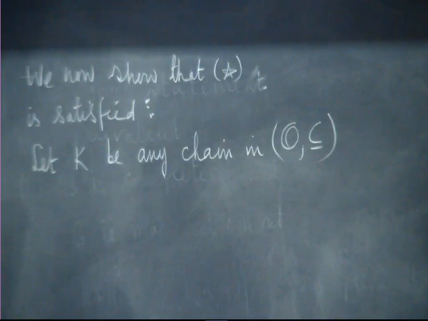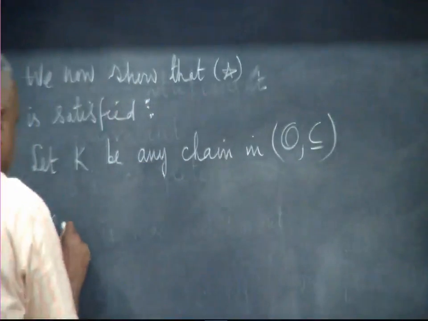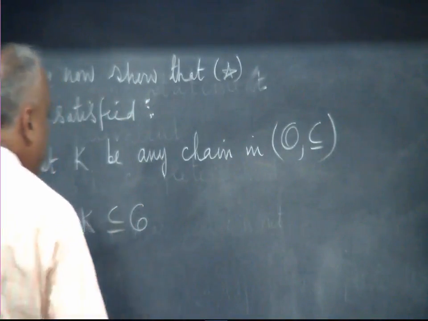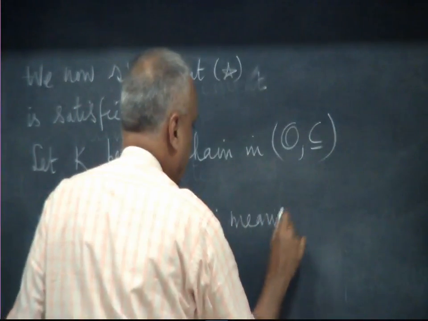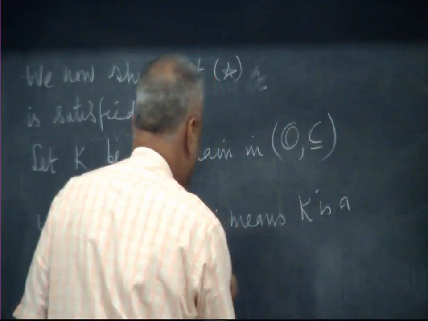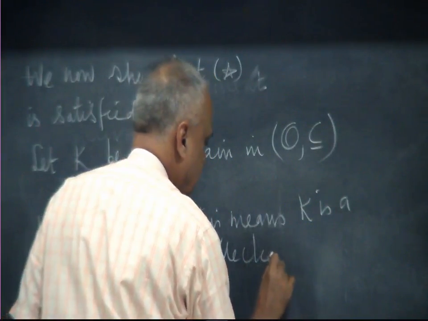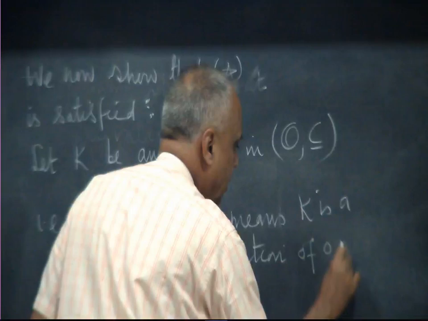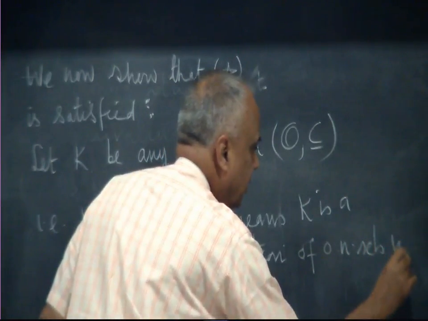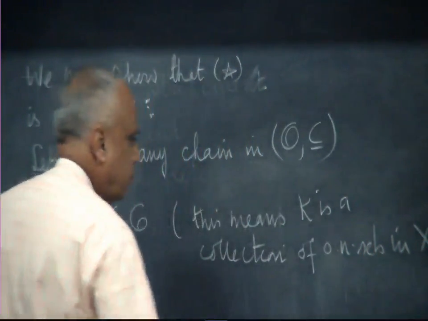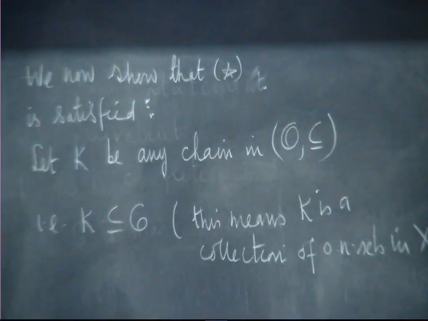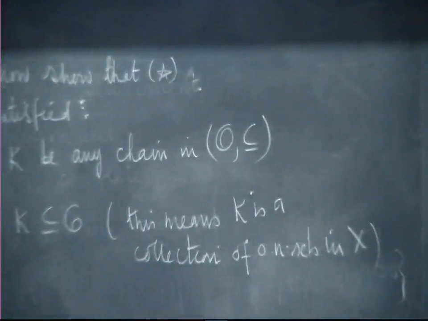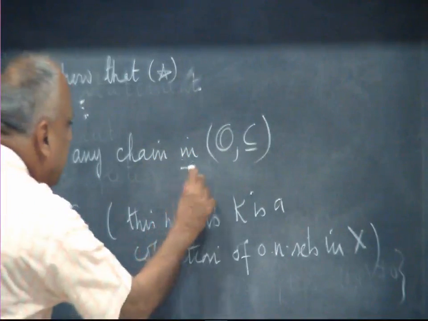That is, K is contained in O. This means K is a collection of orthonormal sets in X. O is a collection of all orthonormal sets. So, K is a subcollection of orthonormal sets.